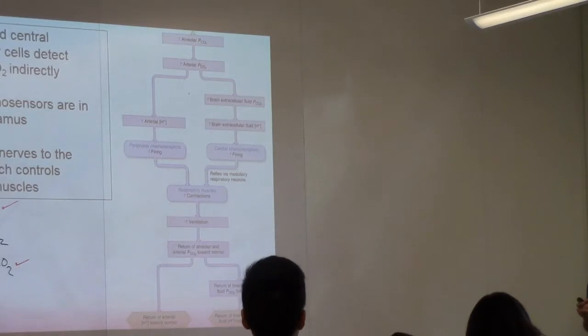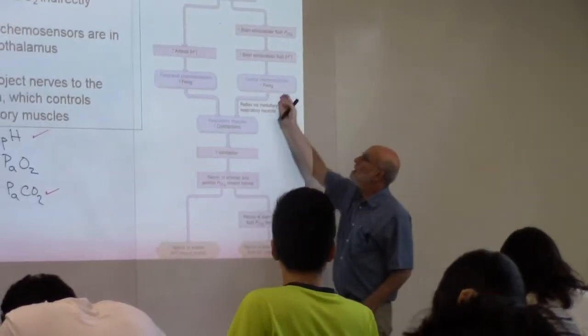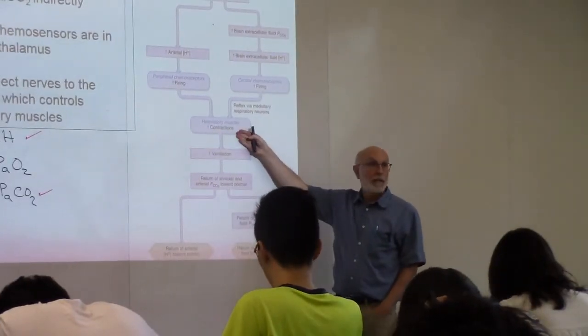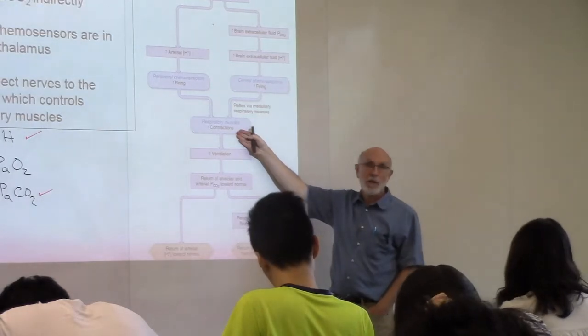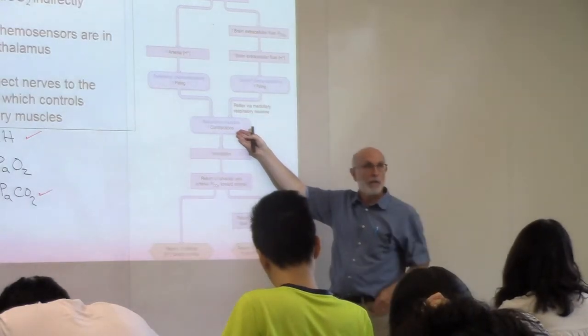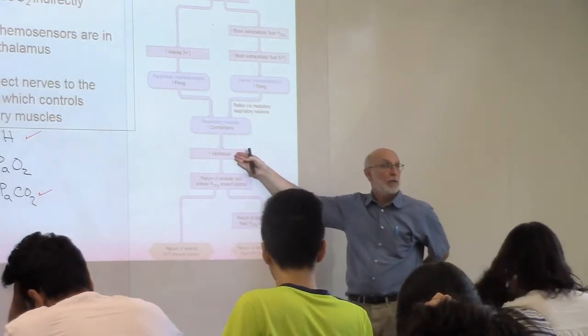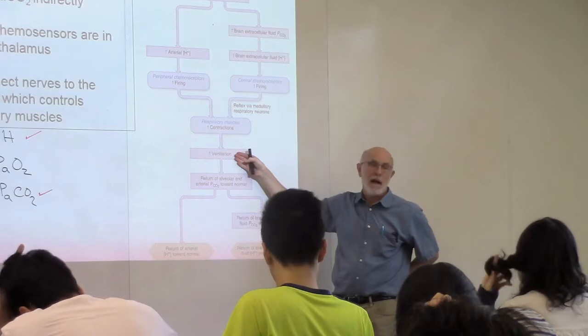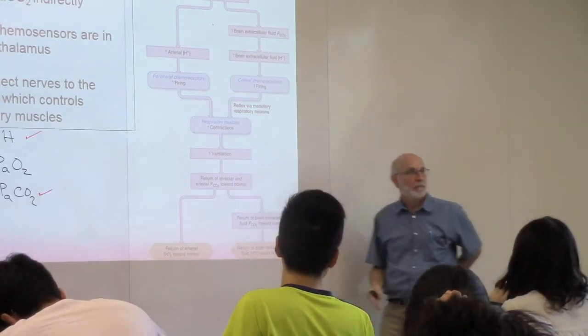You've got to be facile with keeping track of that. So again, we have firing of chemoreceptors in the hypothalamus that then tell neurons in the medulla oblongata to fire. Excitatory synaptic transmission, for those of you who are interested in neurons. More action potentials in the nerves that innervate the diaphragm and the external intercostals, and more ventilation.